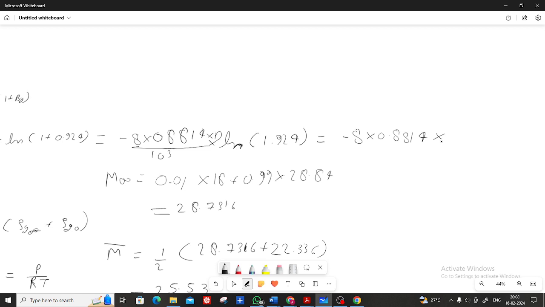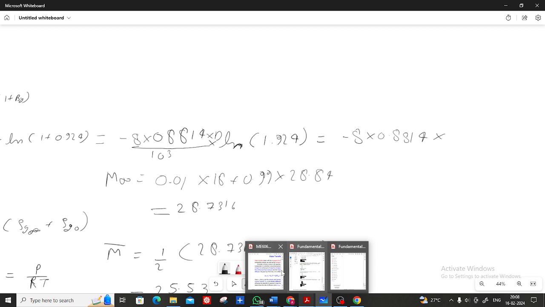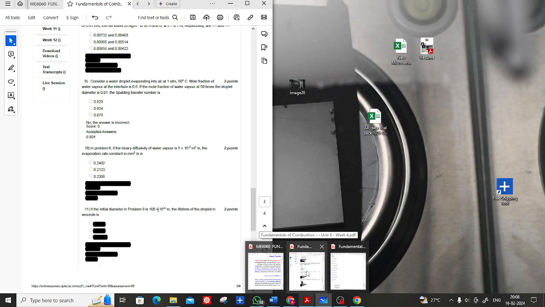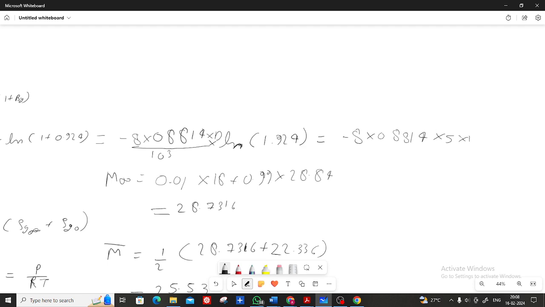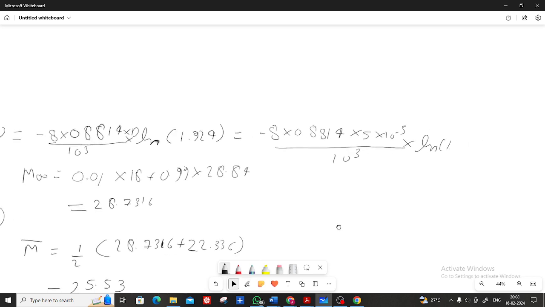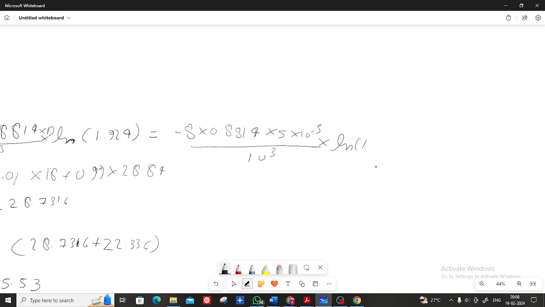What is the diffusion coefficient in question number 10? 5 into 10 to the power minus 5. So 5 into 10 to the power minus 5 upon 10 to the power 3 into ln 1.924. Now you calculate this.